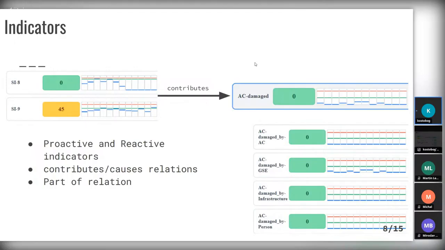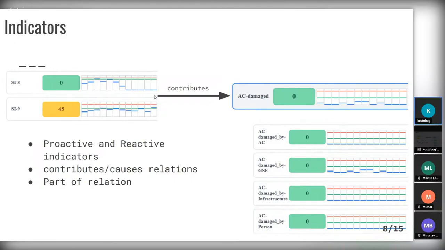So that's what I mean here by part. And there is also a contributes-to or causes relationship, because these indicators here cause or contribute to the damage. So if these things happen more often, then perhaps we are going to increase the number of aircraft damage.